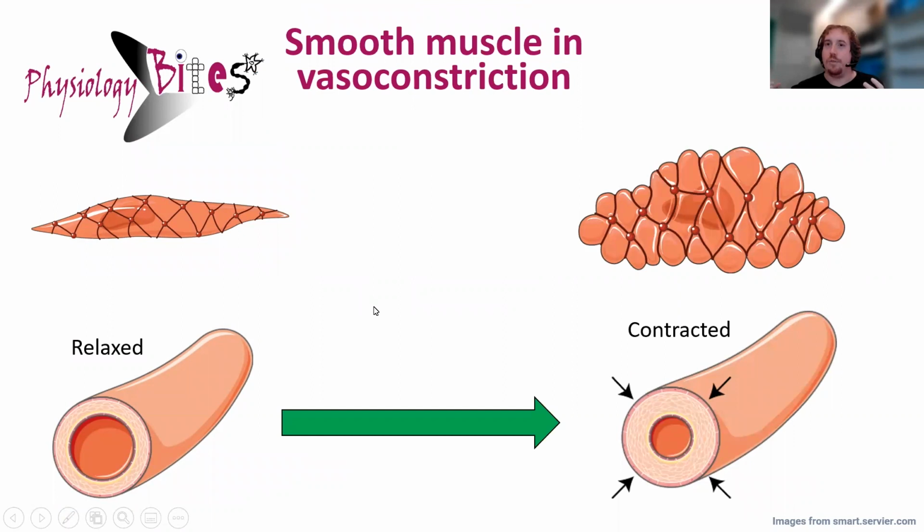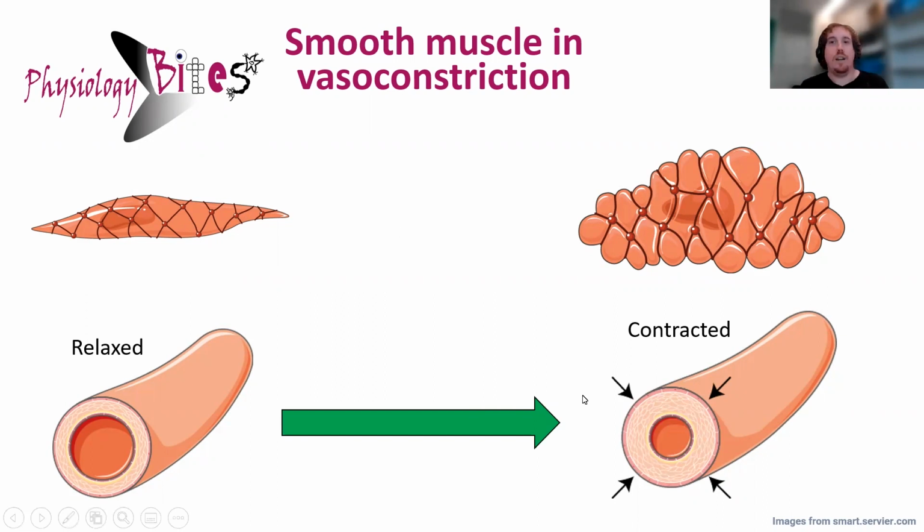When those smooth muscle cells contract, each one of these smooth muscle cells is wider. Now that smooth muscle layer takes up more space, so you can see there's less space for blood to flow through. We call this the lumen of the blood vessel. The lumen becomes smaller because we've contracted all of our smooth muscle cells. This is a way we help change resistance in our blood vessels and change our blood flow, by activating this smooth muscle.